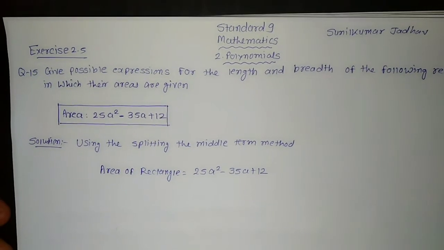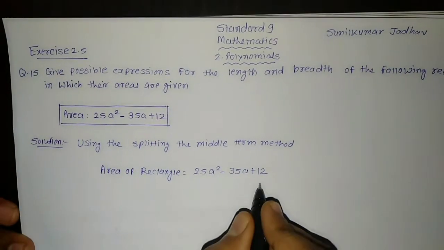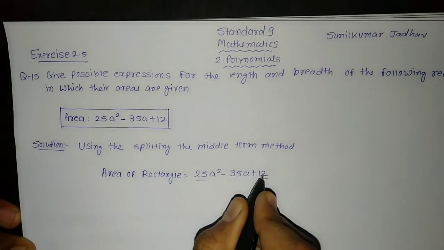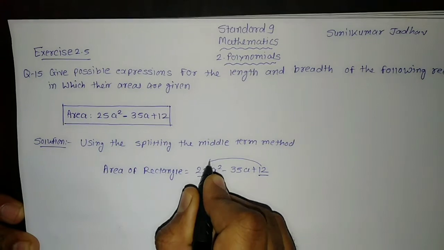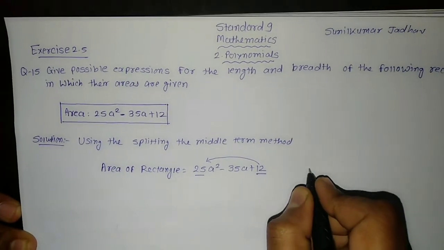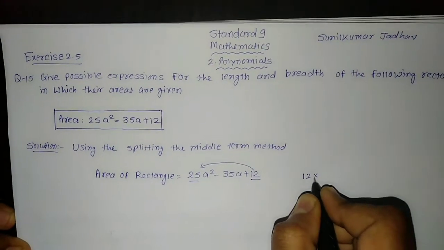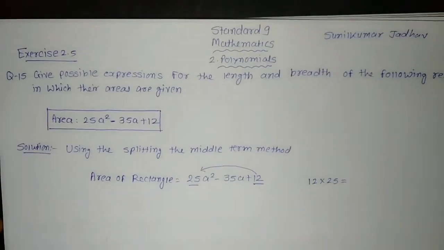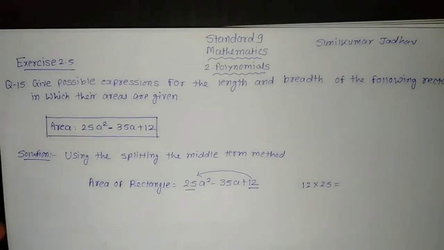For the splitting the middle term method, we know that this is the last term and this is the first term. We need to do the multiplication of the first and last terms, that is 12 multiplied by 25. We know that 12 multiplied by 25 is equal to 300.